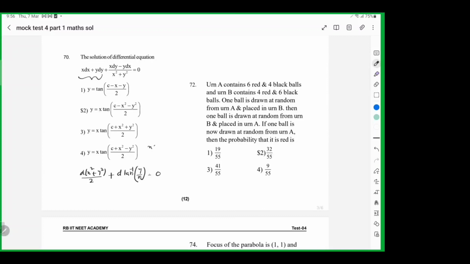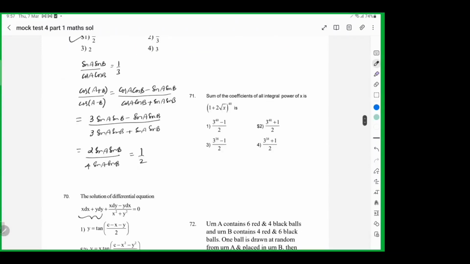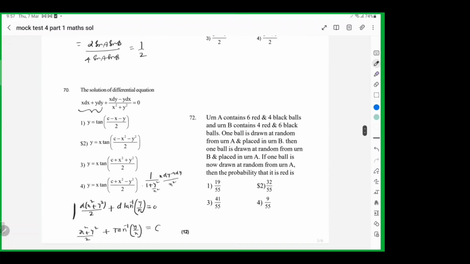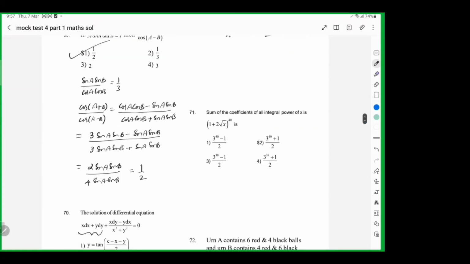Again, the derivative of this, x dy minus y dx square, gets cancelled. We get the required expression. Integrating, we get x square plus y square by 2 plus tan inverse y by x is equal to c. To get the answer, tan inverse y by x is equal to c minus x square plus y square by 2.